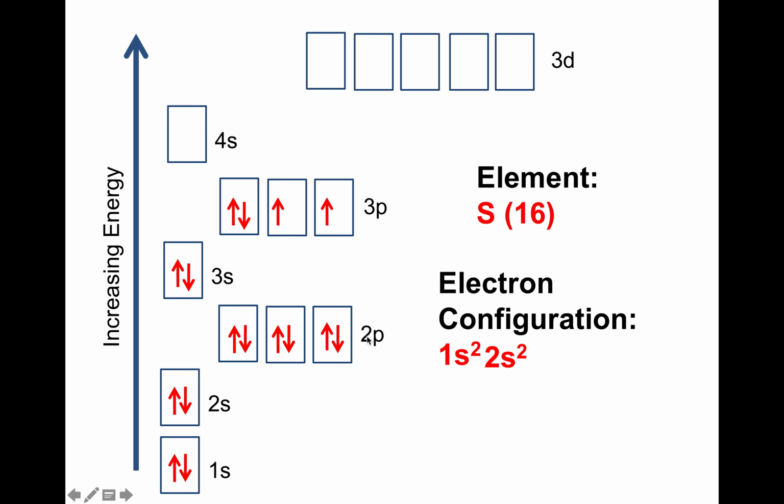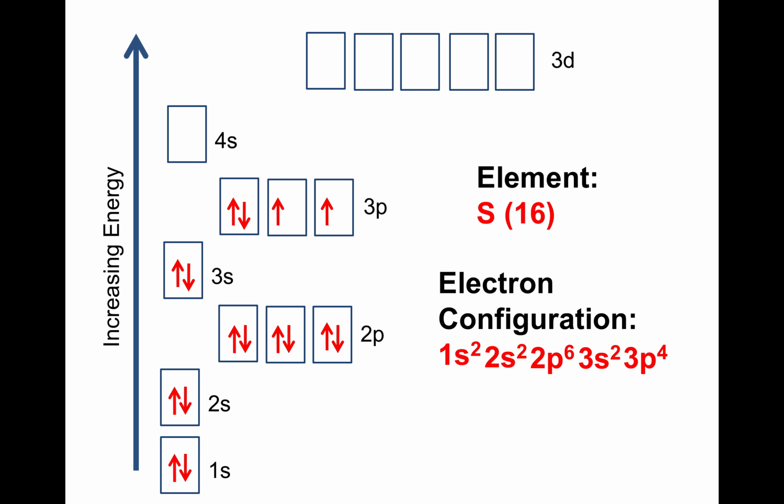I get up here to the 2p, and then there are 6 arrows, so 2p6. Next up is 3s2, and then in the third period, there are 4 arrows, so 3p4. So that's the electron configuration for the element sulfur.